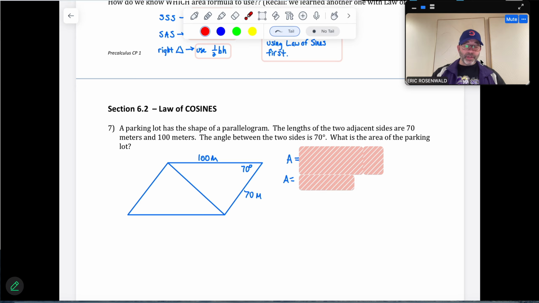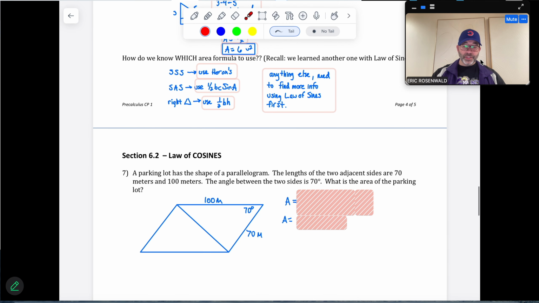Well, think about what I'm given. Side, angle, side. If I use side, angle, side, look at our formulas up here. Using side, angle, side, I would go ahead and use a sine formula. So again, don't get hung up on the letters. There's no A, B, and C in this, right? It just means take and multiply the two sides that are there, and then multiply by the sine of the angle that's provided. And so what that's going to do is give me the area of just this one triangle.